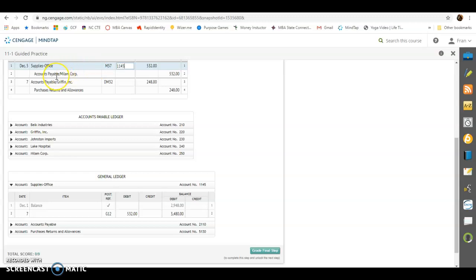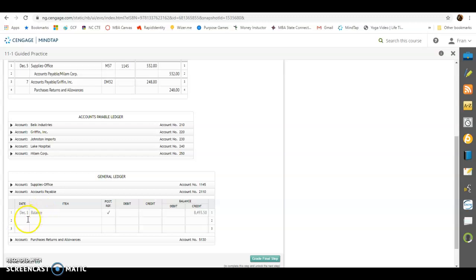The next one, okay, this is going to be a little bit different. Posting these that are accounts payable and to a specific ledger. So let's show you how that works. We're going to come down here because it says accounts payable first. We're going to come down here to the accounts payable ledger.